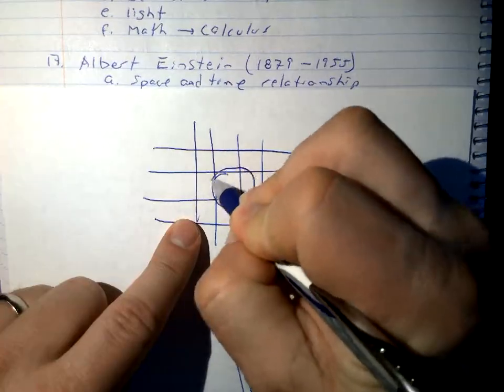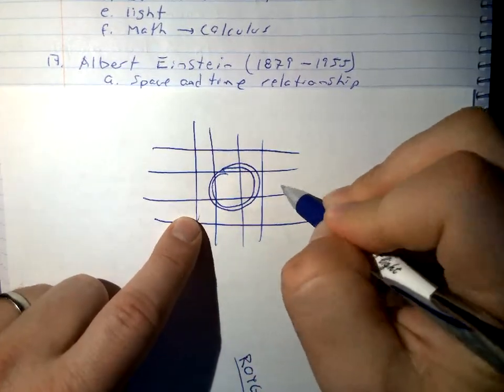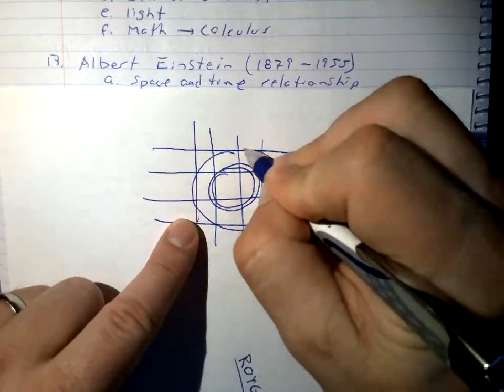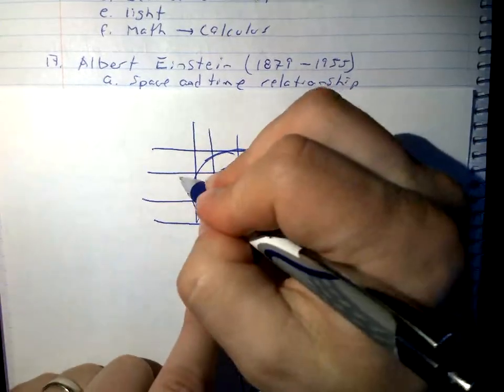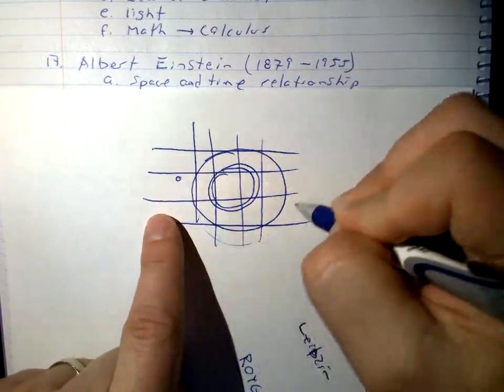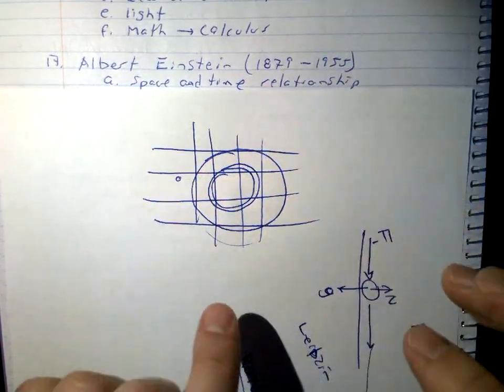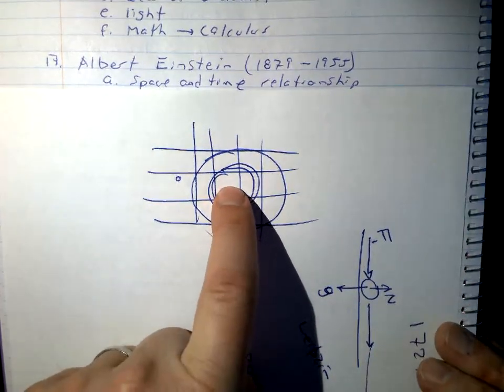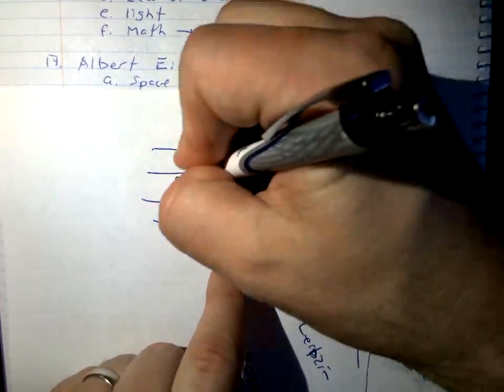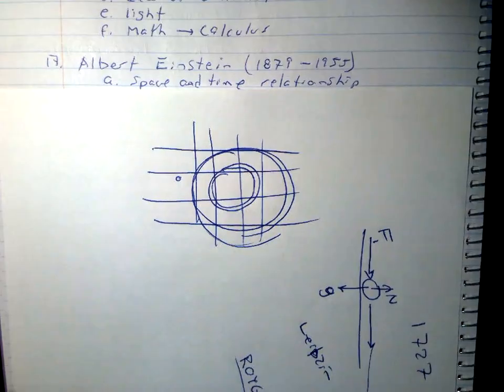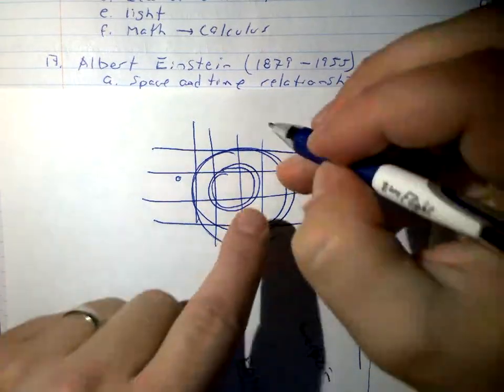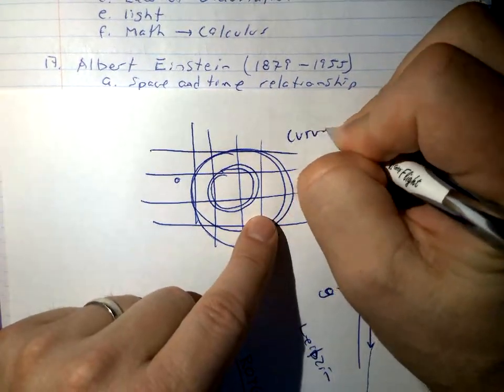If you have an object, what happens to it? Well, it curves like this, right? And if you put a little object, it goes around, but it doesn't intersect the object in the middle. It bends. So you can think of this as curved space.